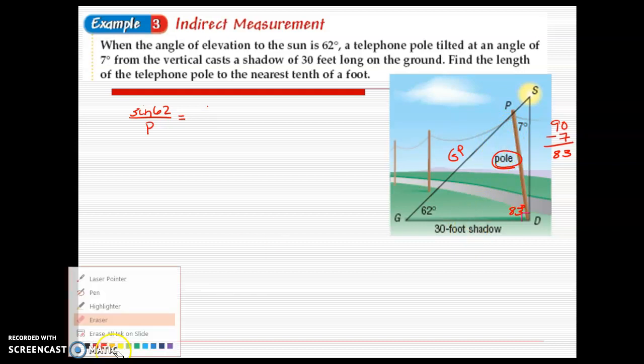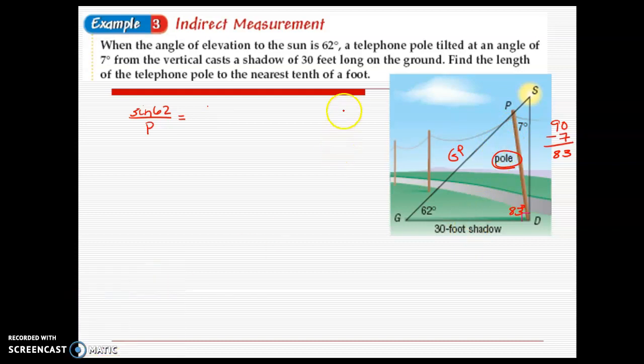Okay, so 62 plus 83 is 145. 180 minus 145 is 35 degrees. So what I should have on this side is sine of 35 over the 30.